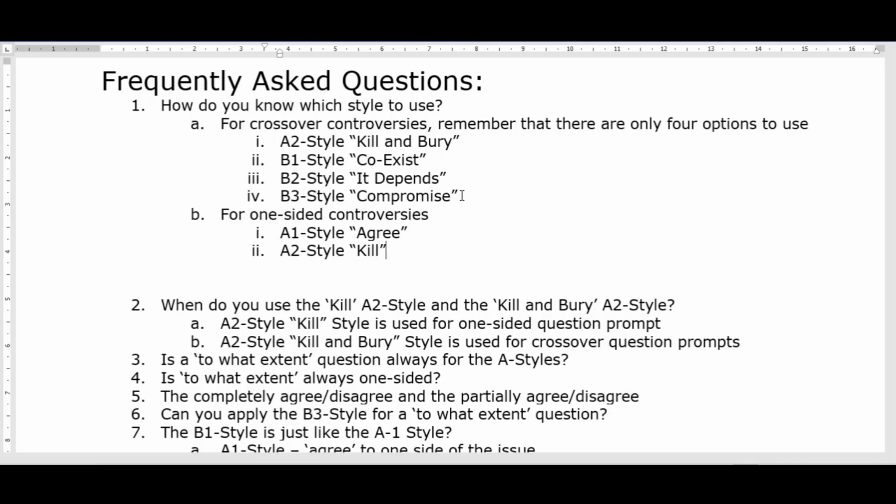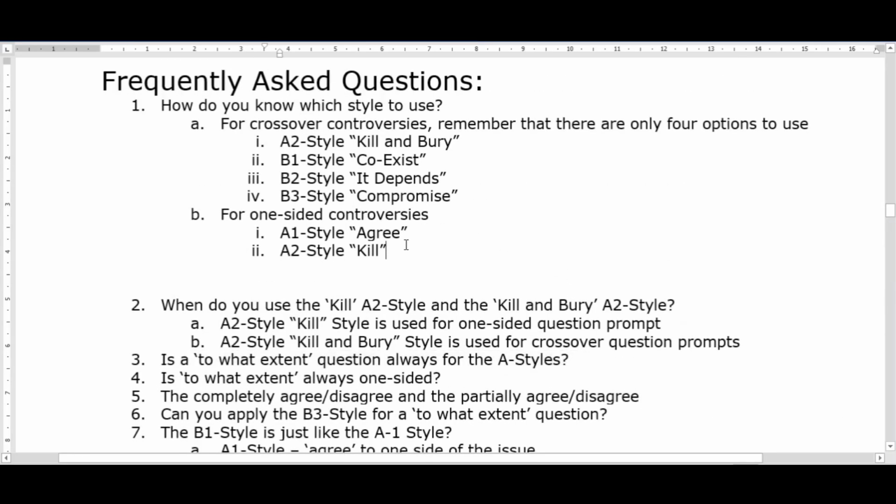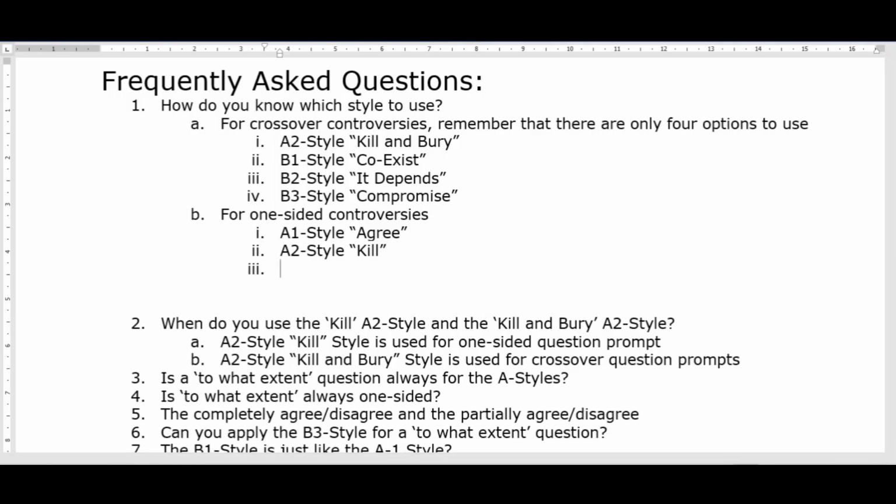And then remember the question was asked earlier, whether it is a "to what extent" question, but for all intents and purposes, that's really the one-sided, really for the A style. You can optionally use the A2 style, but this is really going farther if you want to. This is really for experienced writers.